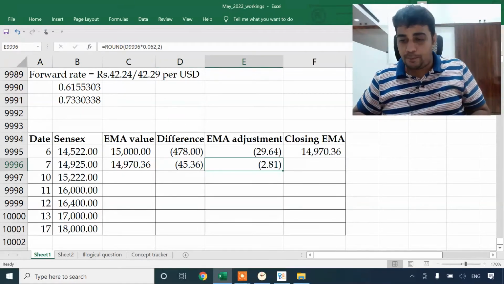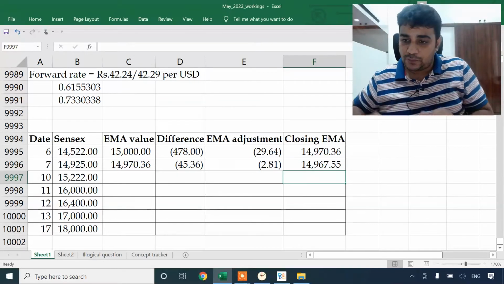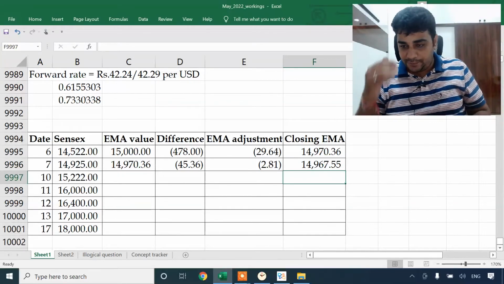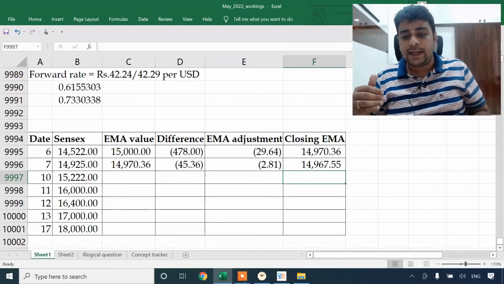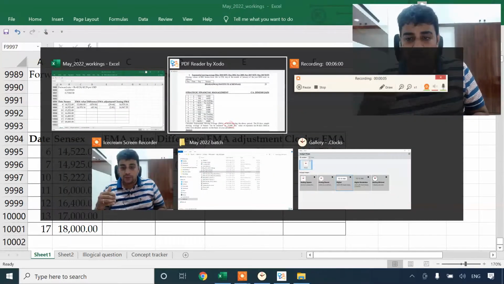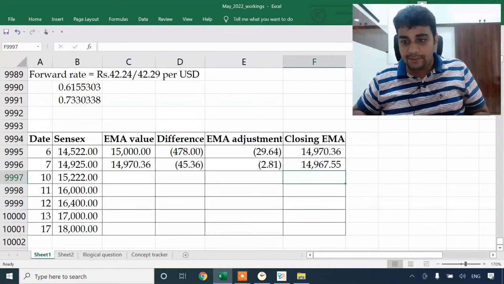Multiply with 0.062 and get the revised EMA value. It has now come down to 14,967. From 15,000 it came down to 14,970, and further down to 14,967. The EMA value is showing a declining trend as of now.